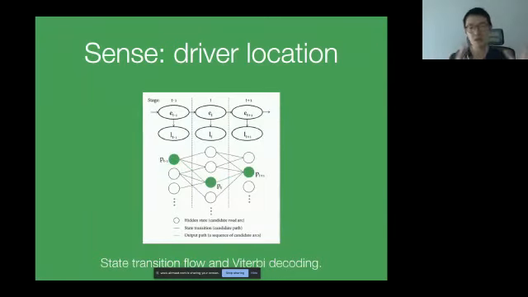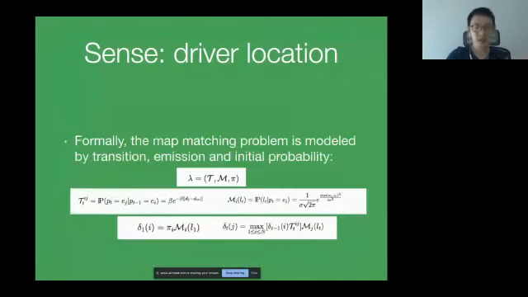So basically, we model this problem as a hidden Markov model. All the GPS reported are the observations, and we need to use different hidden states to model the most likely state, which is the road segment the driver is driving on now. I may not go into the details of the hidden Markov model, but that's the basic idea.